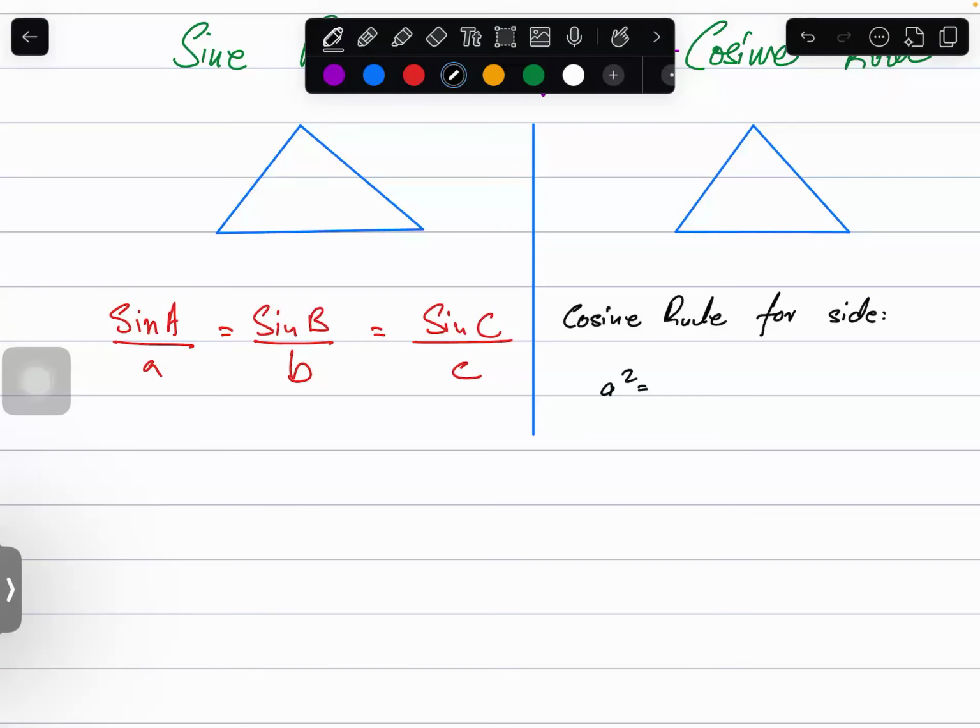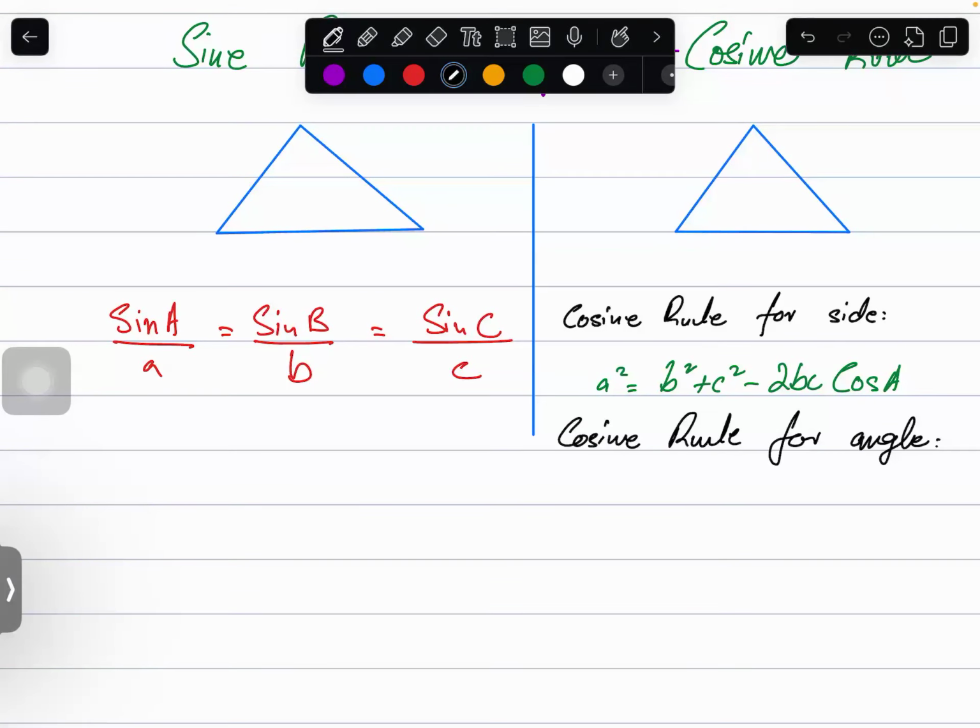For that, the formula is a square is equal to b square plus c square minus 2bc cos A. Or if you are looking for an angle, you can write cos A is equal to b square plus c square minus a square over 2bc. Now, this is just the formula that you need to have a look at.